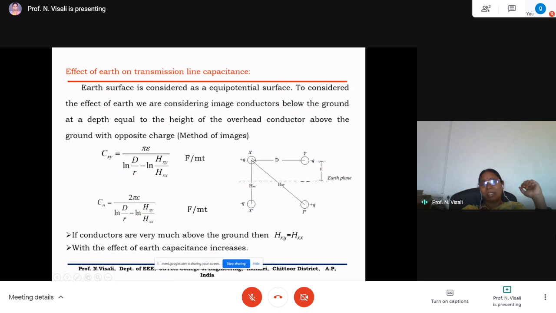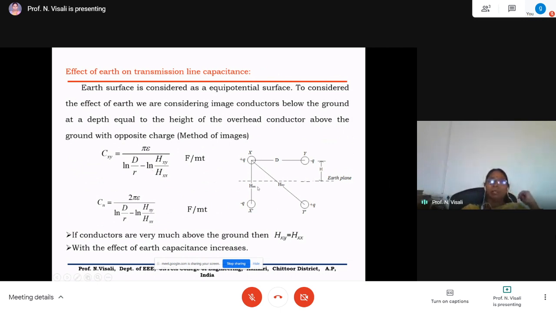When these two are approximately equal, this becomes Ln of 1. So with the effect of earth, the capacitance increases, because here it is a negative part and the denominator value reduces.